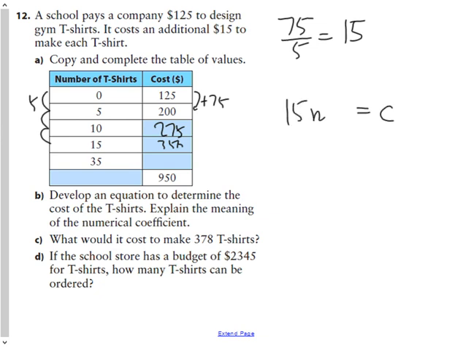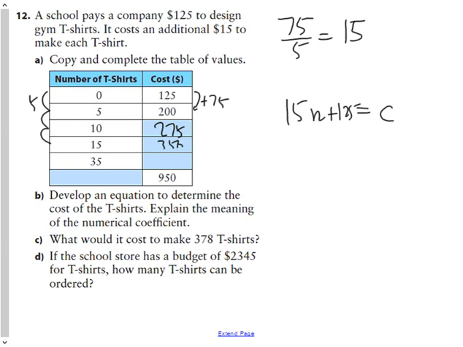So $15 multiplied by the number of shirts you buy, plus that design fee of $125. This is the equation that I can use to figure out the cost. Multiply your number of t-shirts by $15 a shirt, and then add $125 for your design fee.